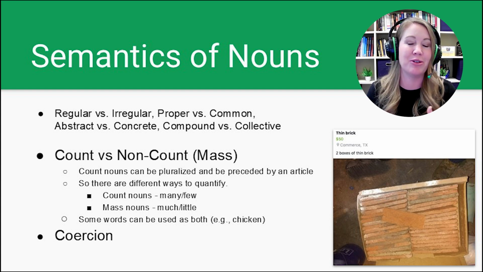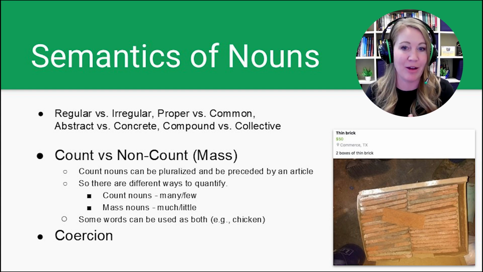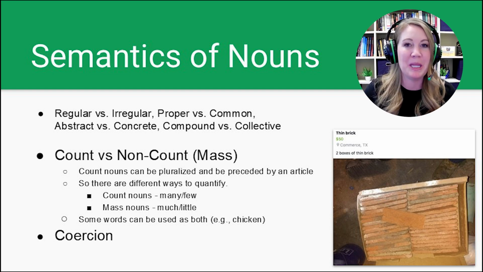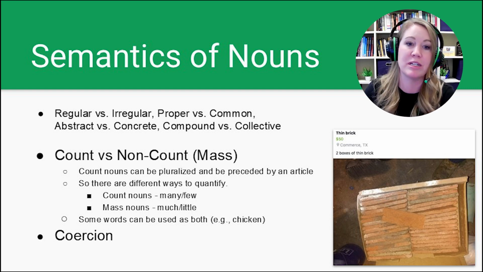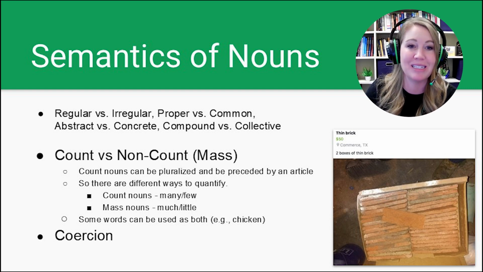So instead of referring to individual bricks, the noun brick is used in a mass noun sense, referring to the material itself, which is being sold in bulk. If you think about it, brick is typically a very countable noun, right? You can easily say 1 brick or 2 brick or 3 bricks, a truckload of bricks. But here the noun has been massified to describe the substance or material rather than individual units.